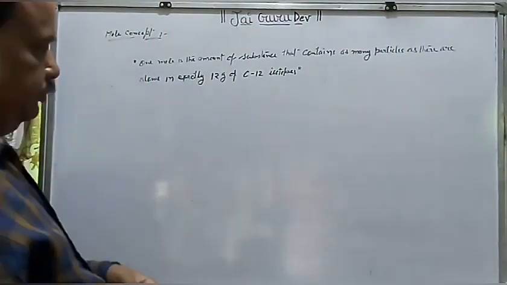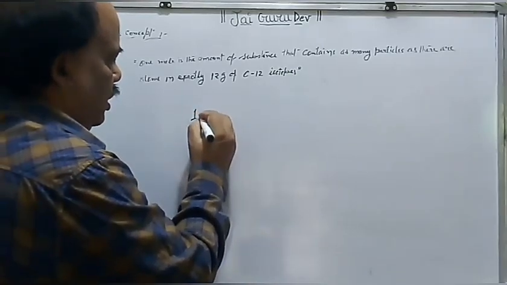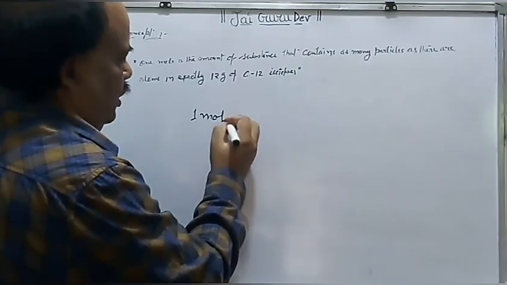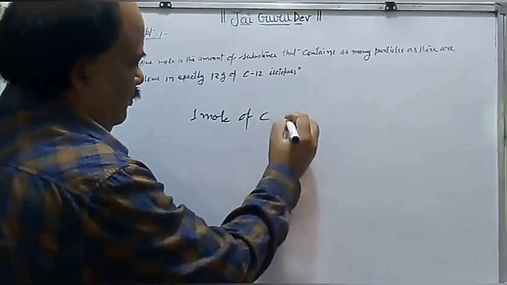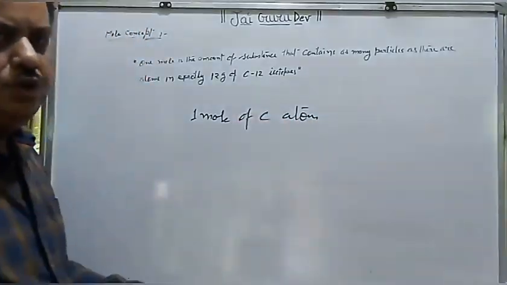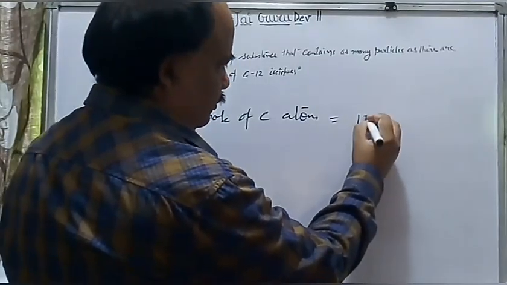Now we can say that 1 mole of carbon atoms, C12 atoms, is 12 gram.